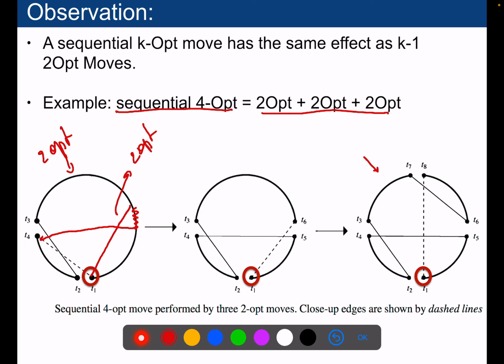And you continue the 2-opt move from where you just ended up. For instance, you see here that you just arrived at t6, right? And so if you would continue, you start from there, the last point, you include, you remove, and then you close. And you can always continue from where you just arrived.